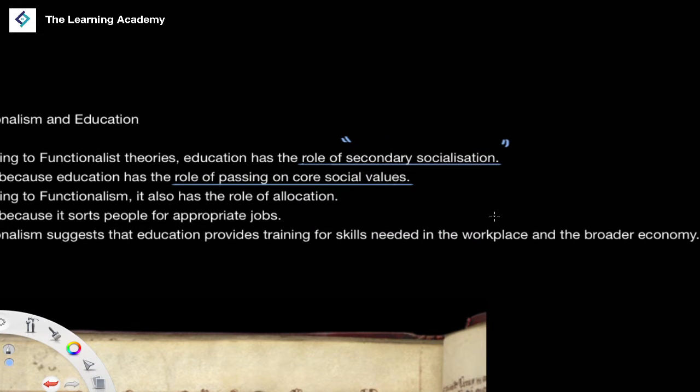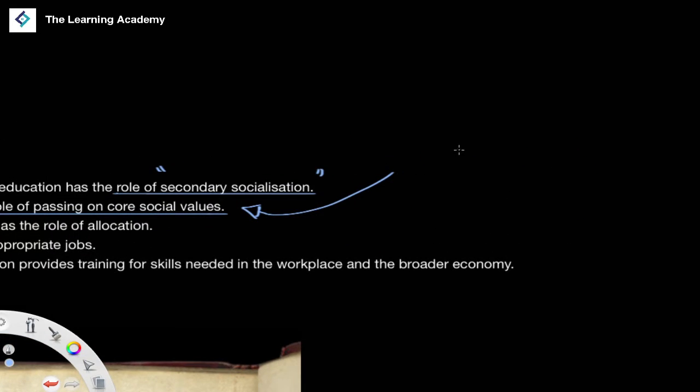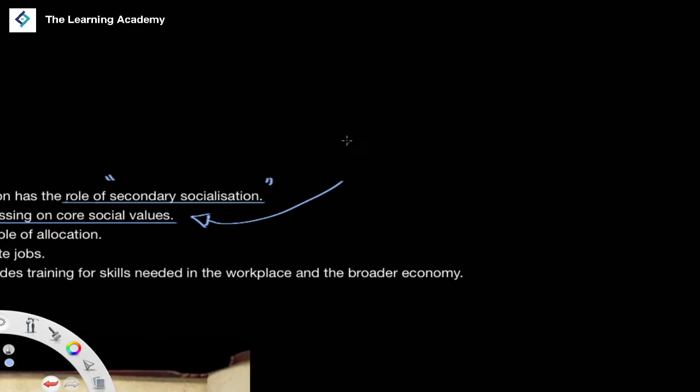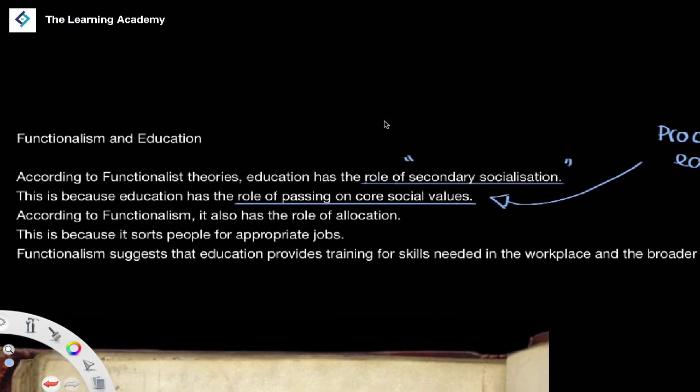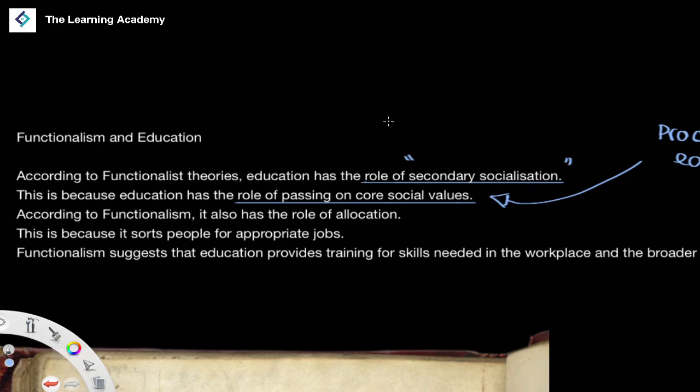Part of the process of education, and this isn't entirely what education does in a vacuum, is to perform this role of passing on core social values.